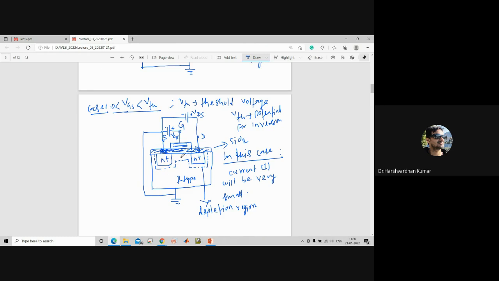Because here we are still not getting the channel between the source and drain. The channel is still absent. Because of that, there will not be any flow of electrons from source to drain. As a result, the current flowing from source to drain will be very, very less.